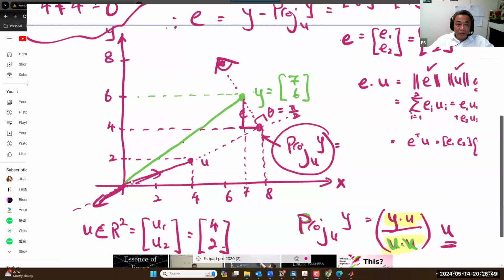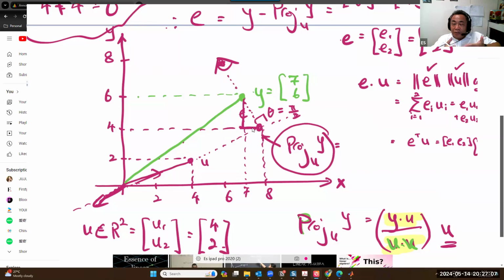And this is the shadow. This is the nearest point, and you make your eyes 90 degrees, such that when you cast the shadow, this will be the projection of y. I want to project y onto the surface of u, which is a line.